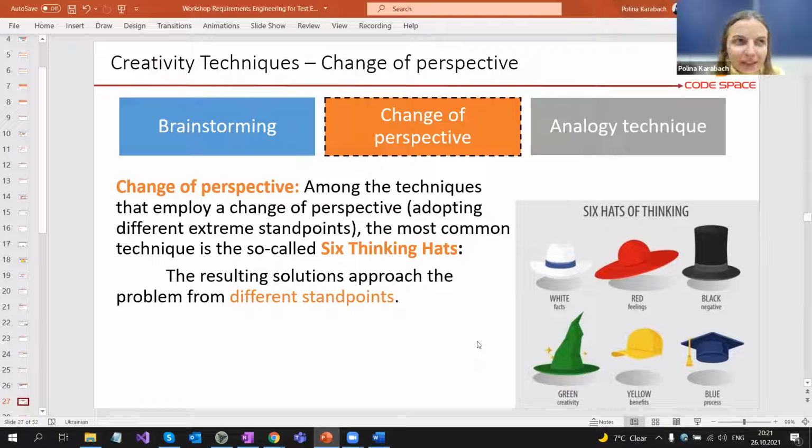This technique is useful to use when we have different stakeholders and some of them are already quite, we can say, rigid. So they are constrained by their own opinion already, and they are not willing to open up and change it.